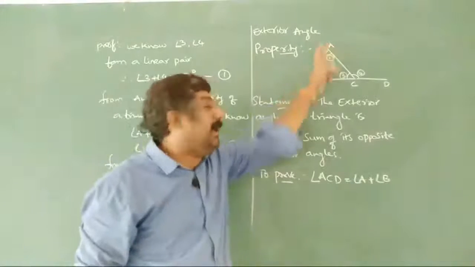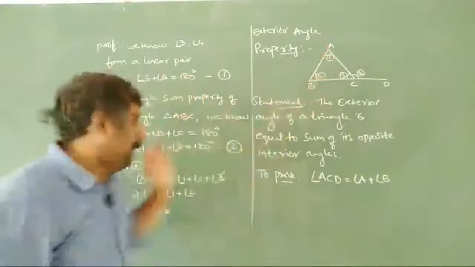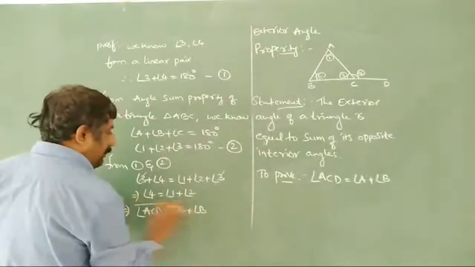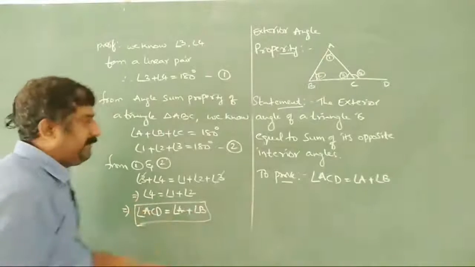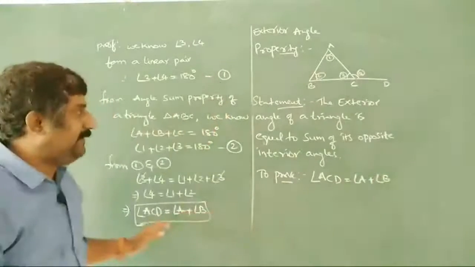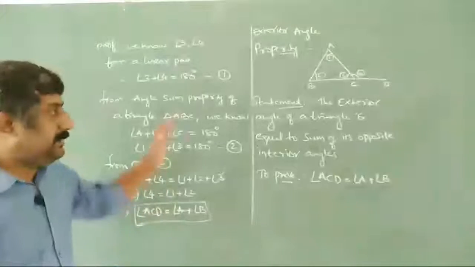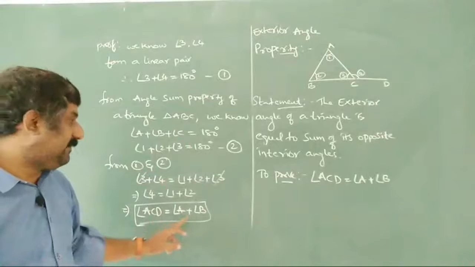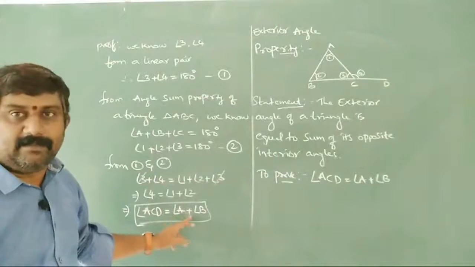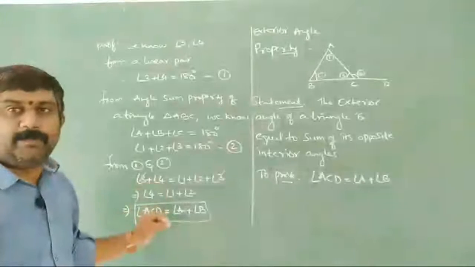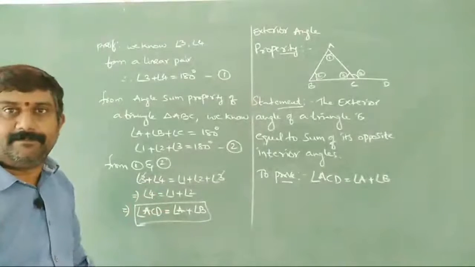At A. Angle 2 forming at B. Now angle A plus angle B. This is the requirement we have to prove here: ACD is equal to angle A plus angle B. So what can we say now? The exterior angle of a triangle is equal to the sum of its opposite interior angles. This is nothing but the exterior angle property of a triangle.